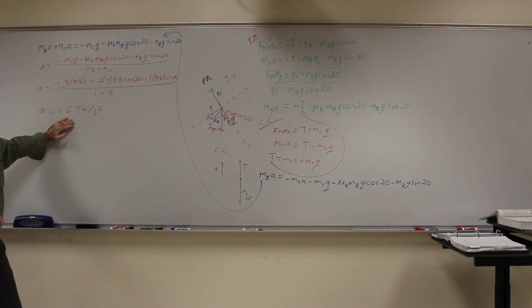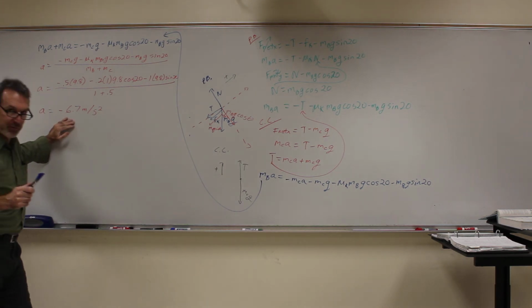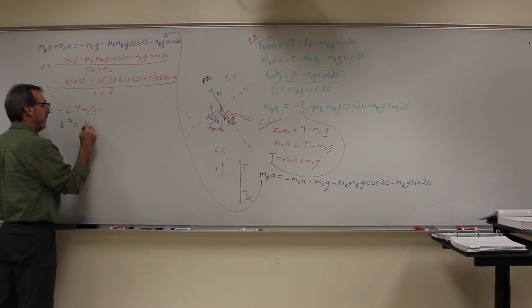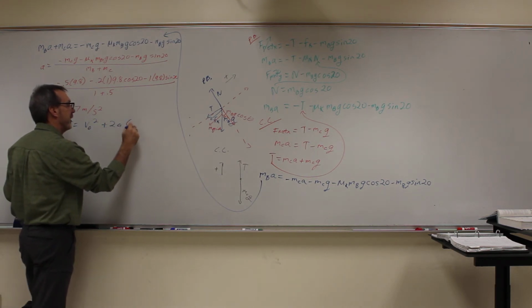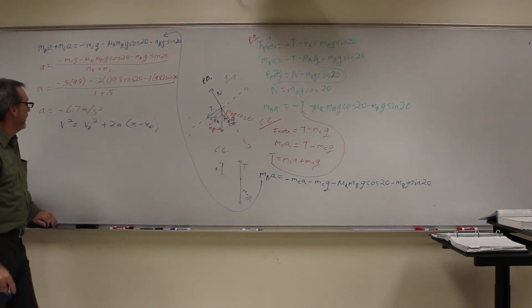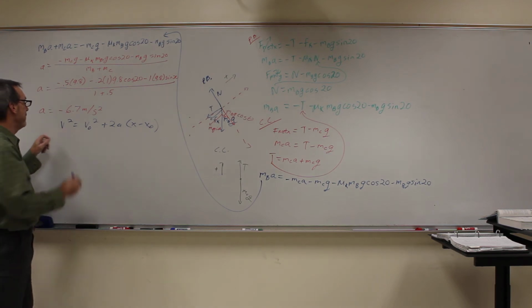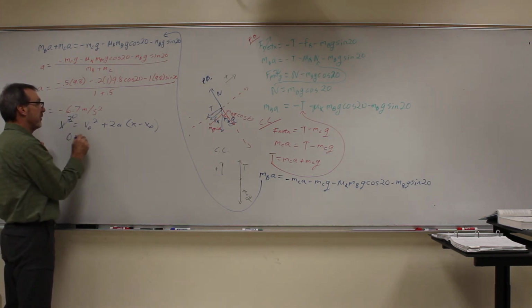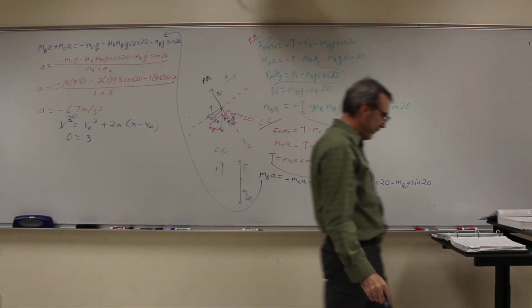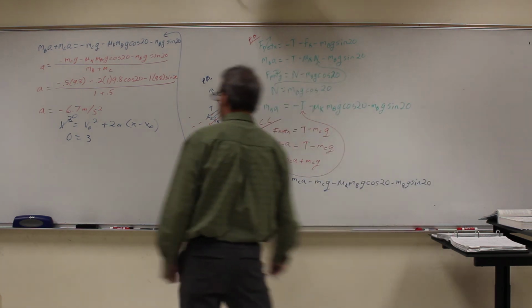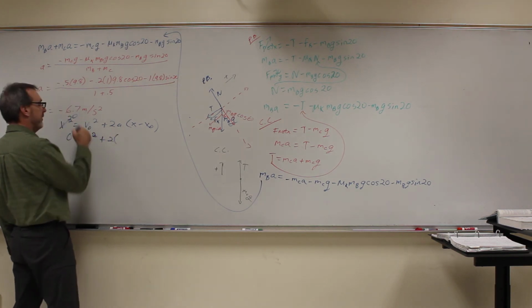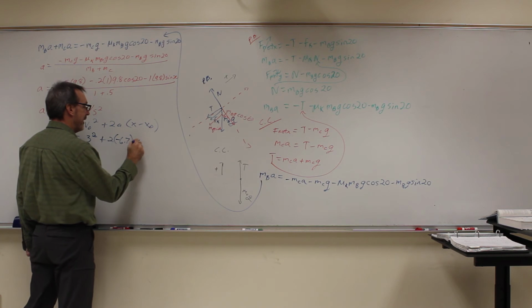But it didn't ask for the acceleration. It asked for how far up it goes. So how far up it goes, we're going to use our regular equation here, the one we've been using a lot, v squared equals v naught squared plus 2a times x minus x naught, our constant acceleration equation. So to do that, we know that the velocity at the top is going to be 0. So we're going to get 0 is equal to, and the initial velocity that was given was 3 meters per second, so it's 3 squared plus 2 times negative 6.7 times x.